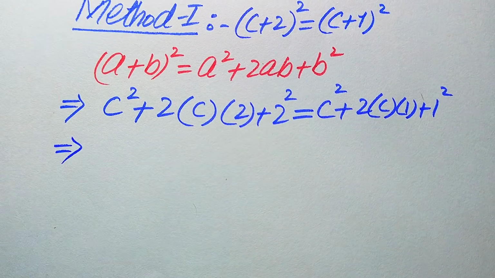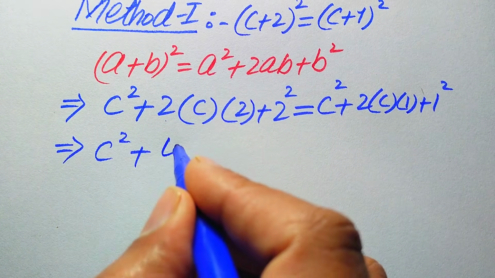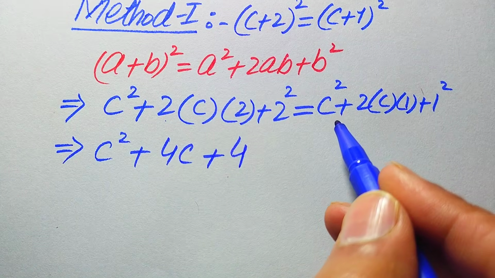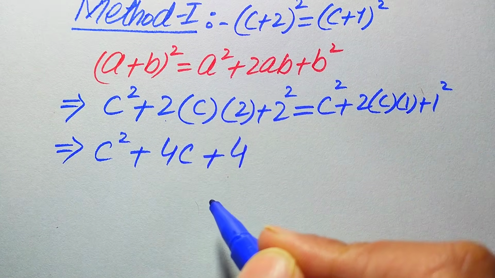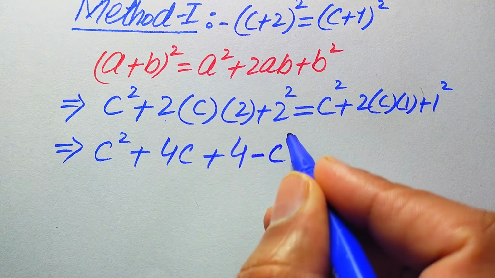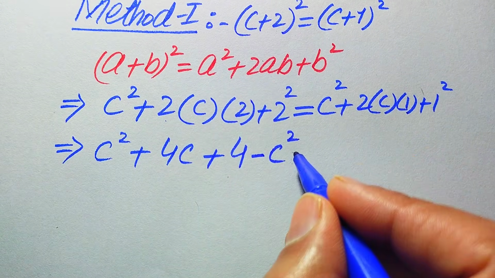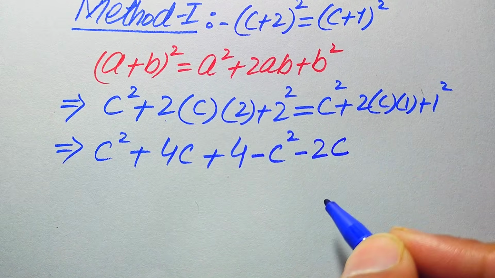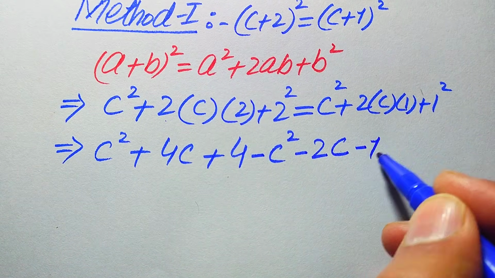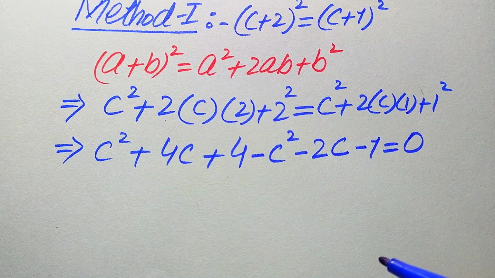In the next step we need more simplification, and we obtain c squared plus 2 times 2, which is 4c, plus 2 squared, which is 4. We move all the terms from the right-hand side to the left-hand side: the plus c squared becomes minus c squared, the plus 2c becomes minus 2c, and the 1 squared becomes minus 1, and this whole equation equals 0.